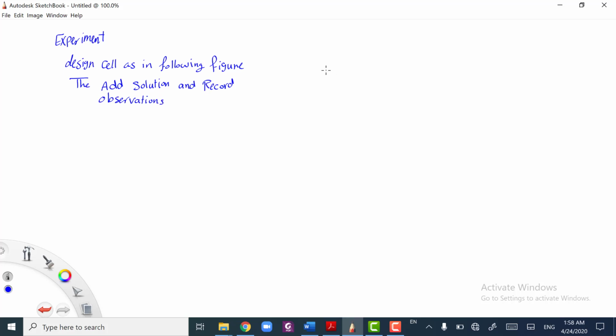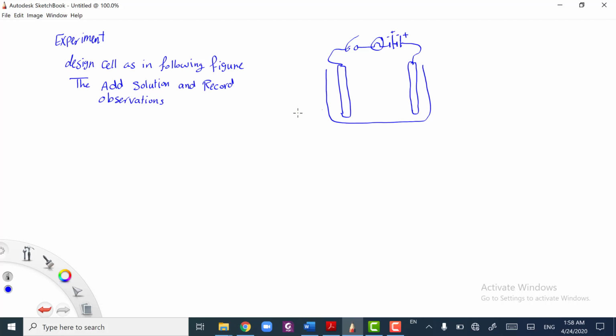Our cell will be like this: a container containing two different poles, maybe made of graphite, with a key, lamp, and battery. Then we add the solutions.